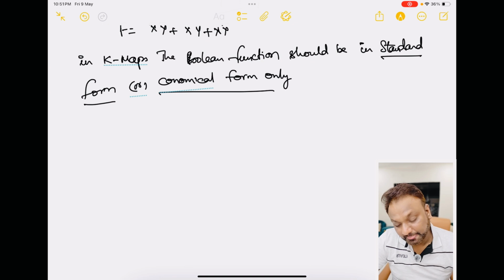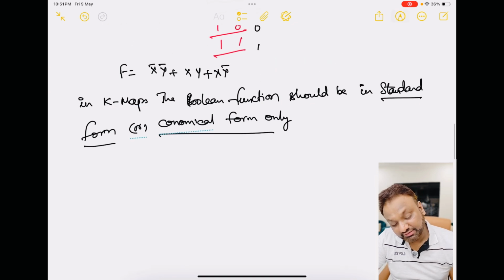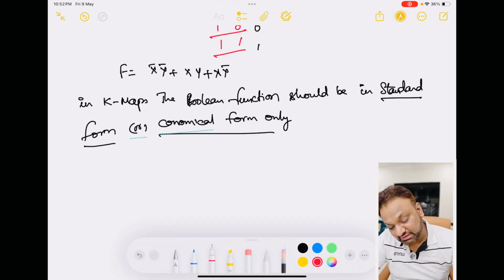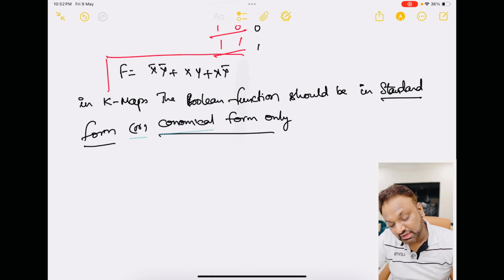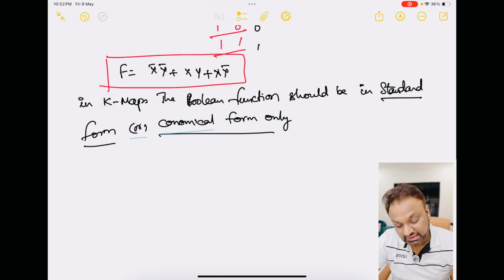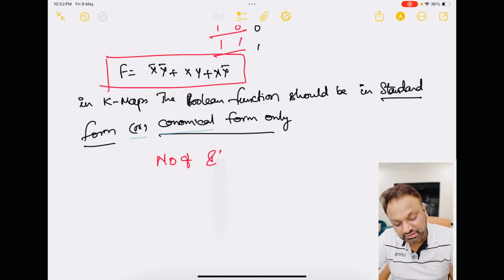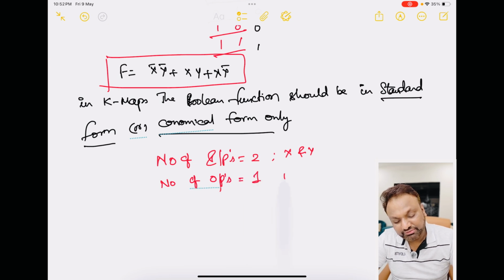Take this particular Boolean function f equal to x bar y bar, x y and x y bar. In the last class, like I told you, the number of inputs is 2, x and y, and the number of outputs is 1, that is f.